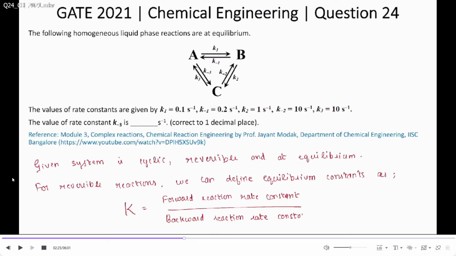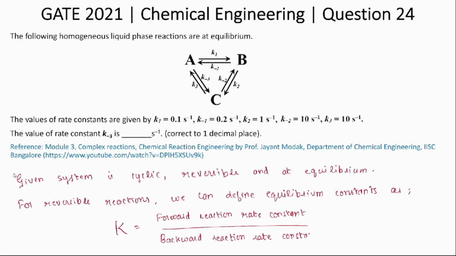So capital K is basically the ratio of the forward reaction rate constant to the backward reaction rate constant. For example, if we take the system A reversibly gives B, this equilibrium constant capital K1 will be small k1, the forward reaction rate constant from A to B, divided by k minus 1, the backward reaction rate constant from B to A. In such a fashion, we can define the equilibrium constants for all three reversible reactions.